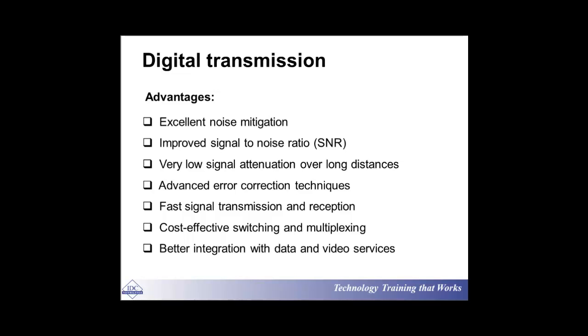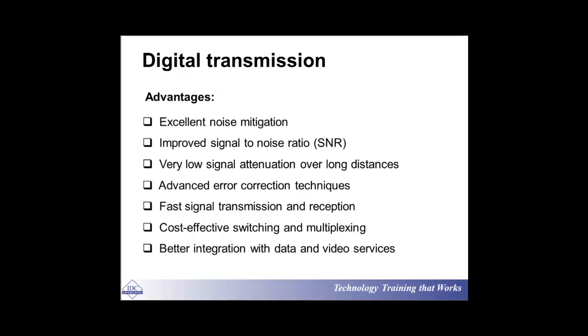Vibration, for example, of the machines, as a result of the corona and partial discharge of the transmission lines. We have many sources of noise, okay? So basically by digitization of the signal, we are making it immune to noise. So we have excellent noise mitigation.